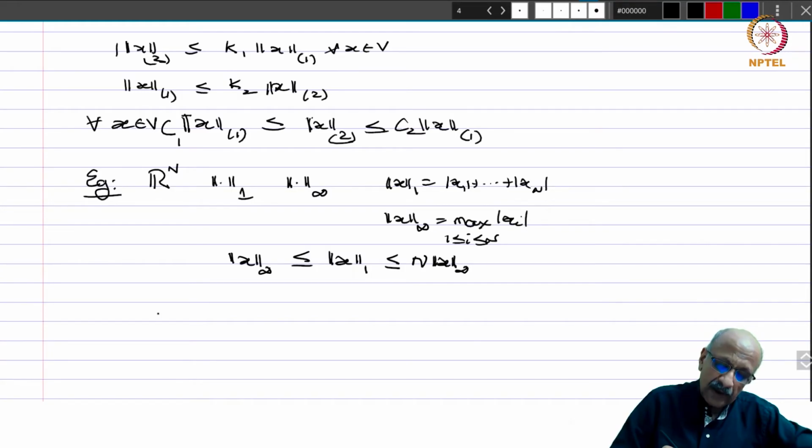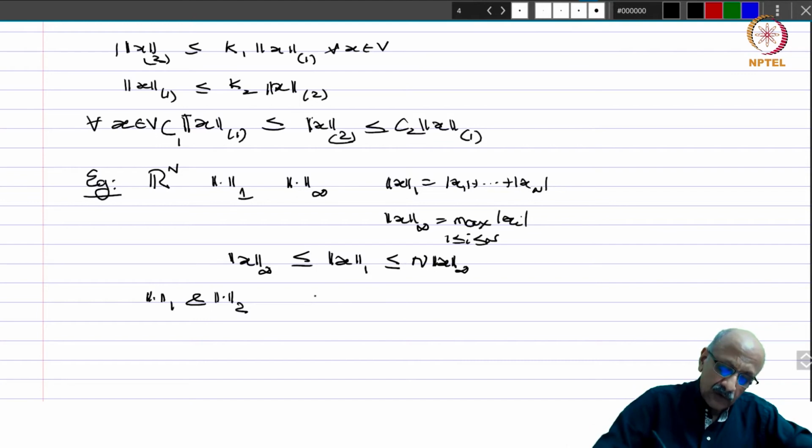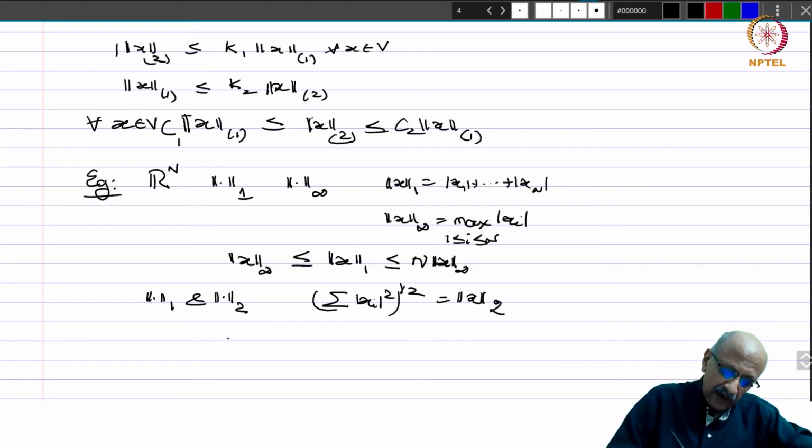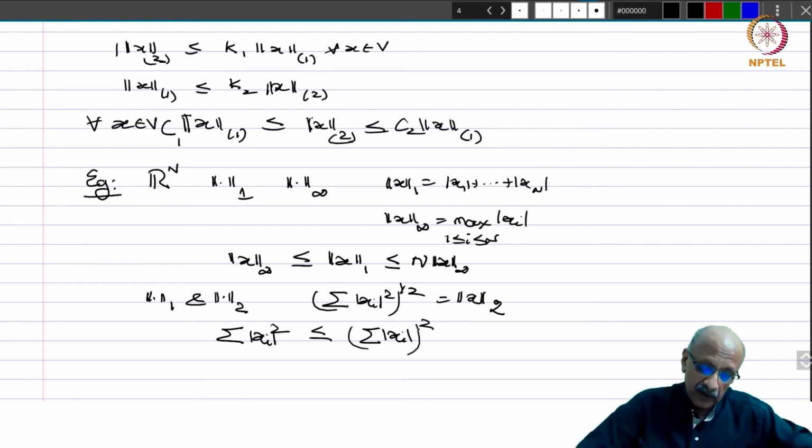Now let us look at norm x1 and norm x2. So what is norm 2? It is sigma mod xi square, power half. So we have that sigma mod xi square is always less than or equal to sigma mod xi whole square, because the cross terms are missing, only the squares are there.